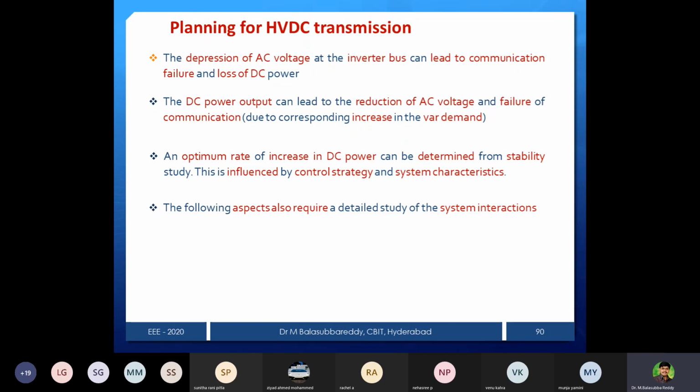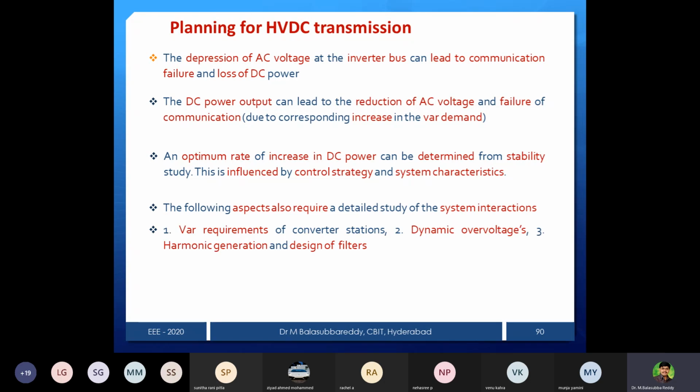There are aspects that require a detailed study, because once you are aware of that, the system interconnections or interactions, all these things we need to consider. There is the VAR requirement for the converter station, dynamic overvoltages, harmonic generation and design of filters.